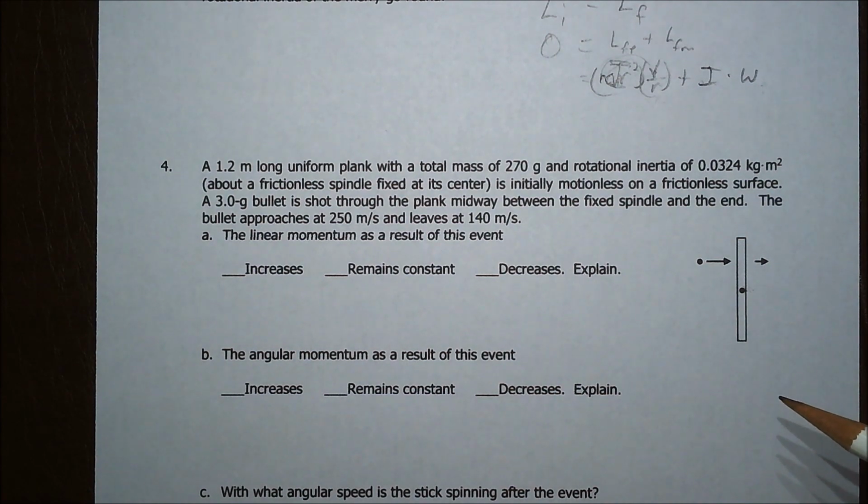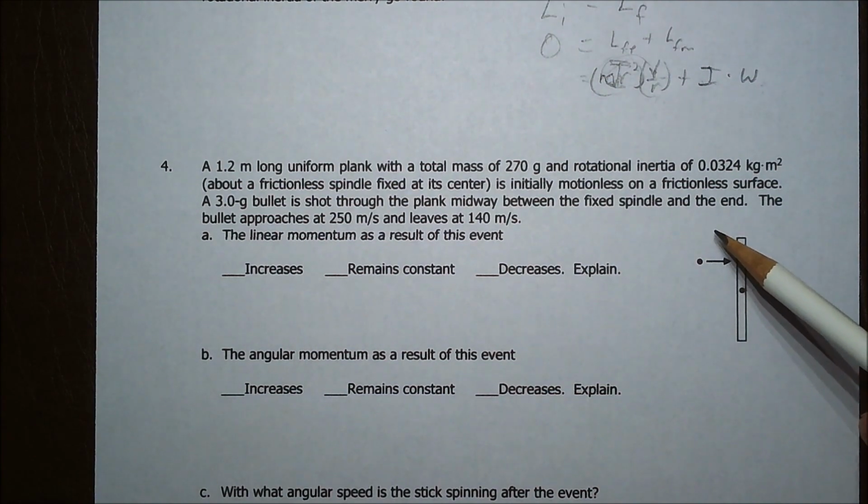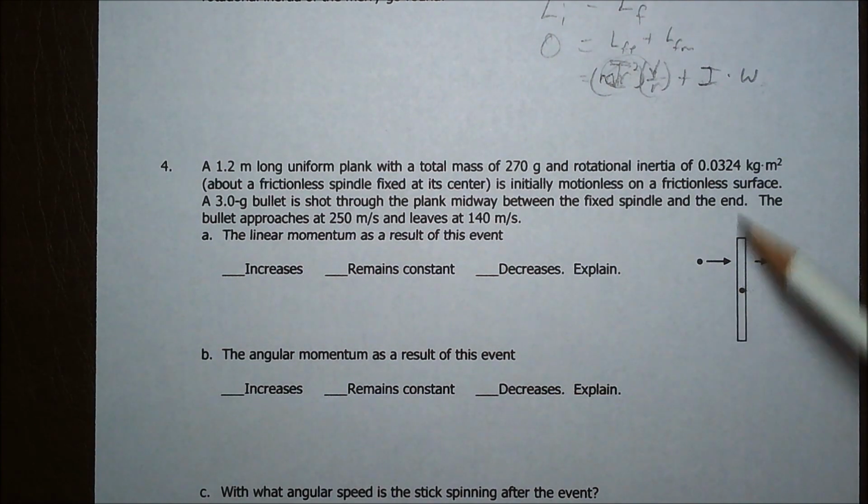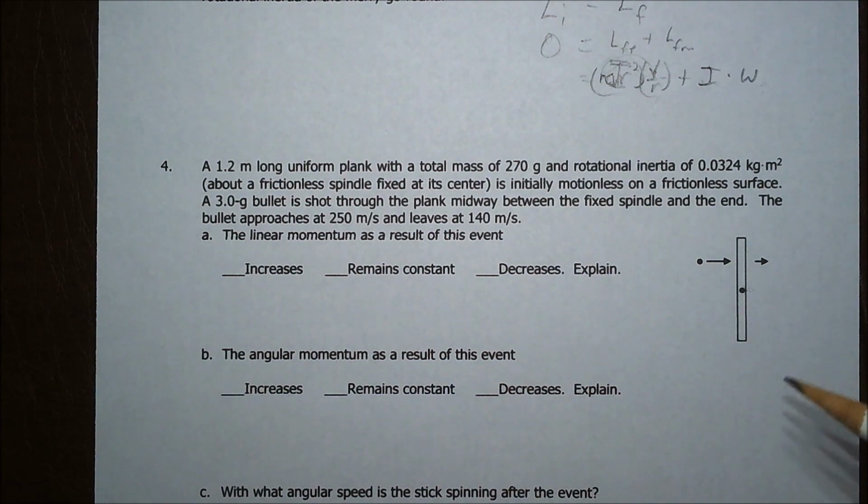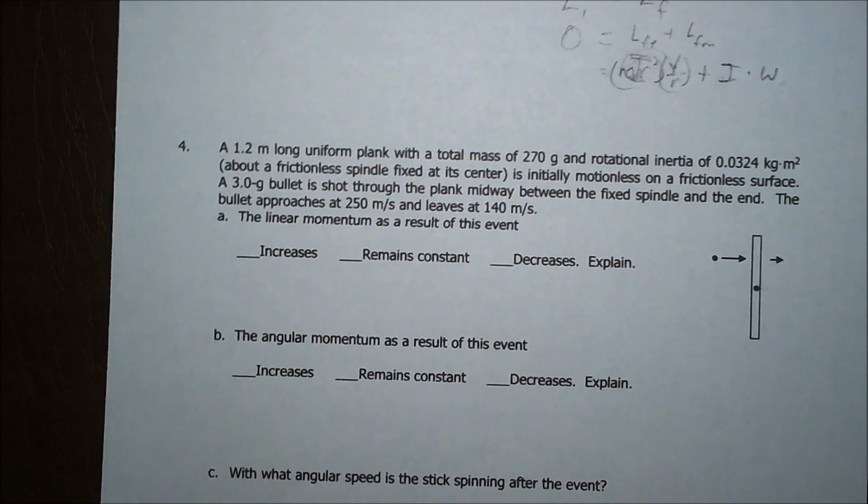The angular momentum is constant. That's not going to change, and the reason is there's no external torque on the system if we include the system as being the bullet and the board, which it doesn't say, so therefore it is conserved. It's constant. With what angular speed is the stick spinning after the event?